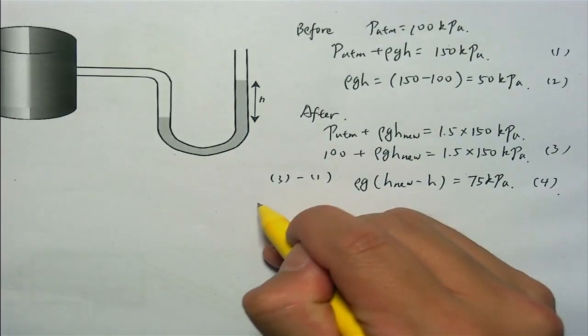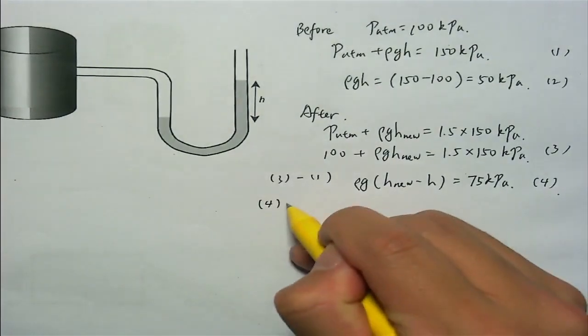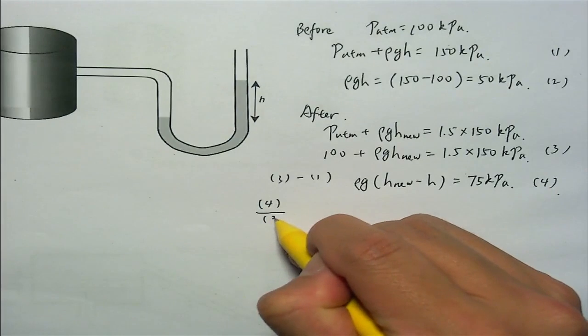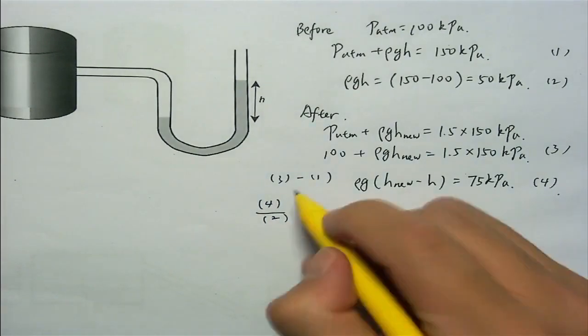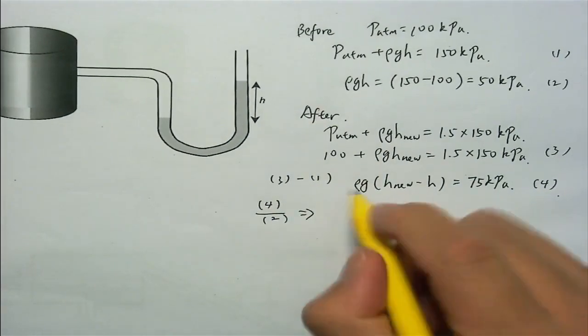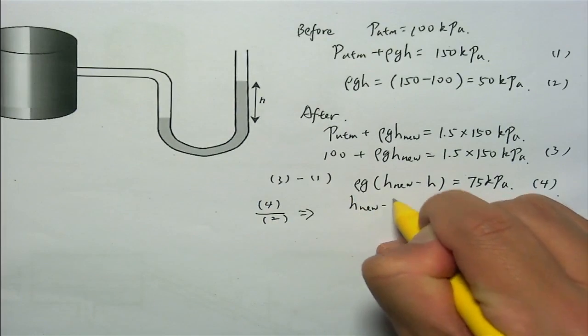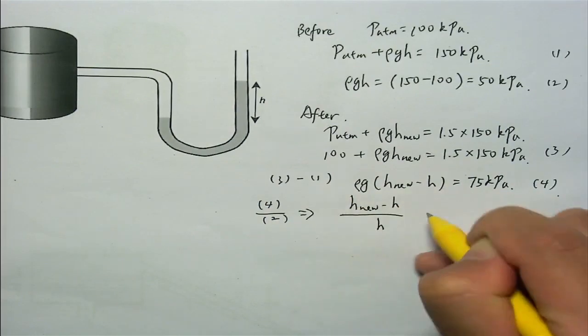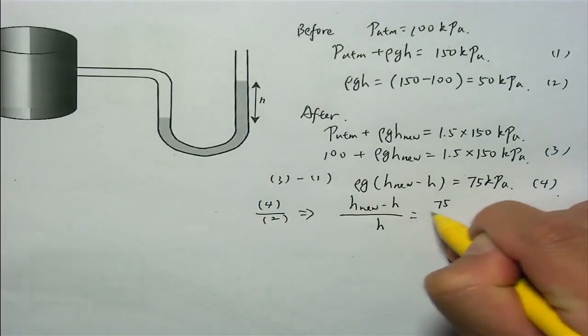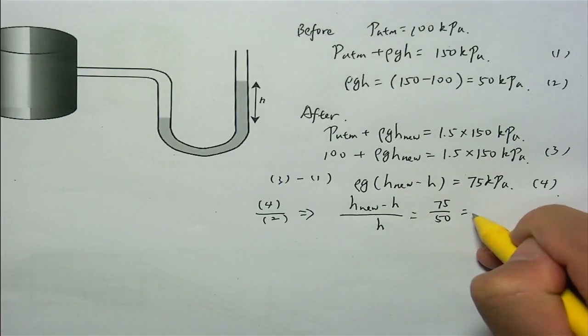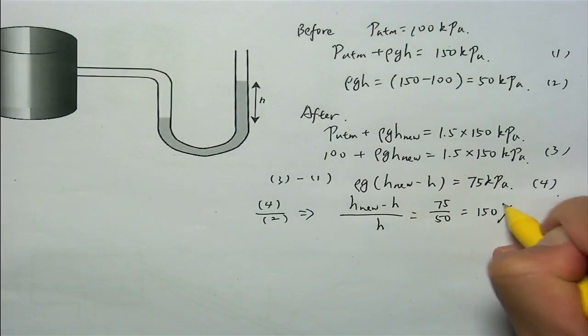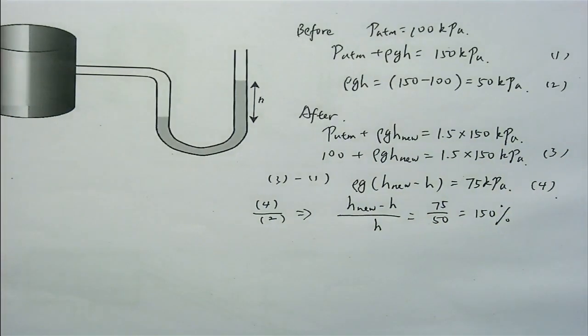So we divide it, so put equation 4 over equation 2. We can got H new minus H over H is 75 over 50, which is 150. So questions?